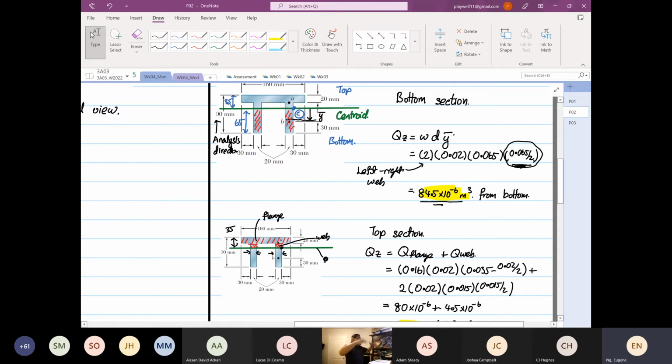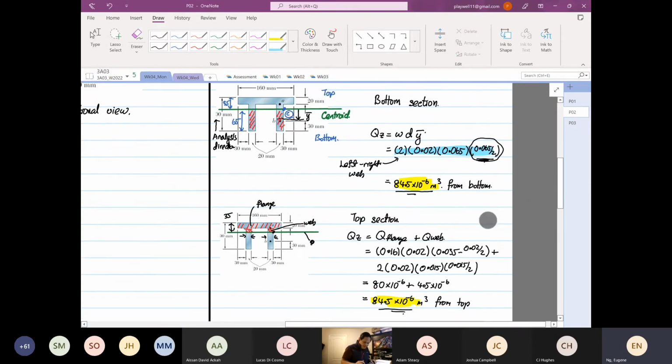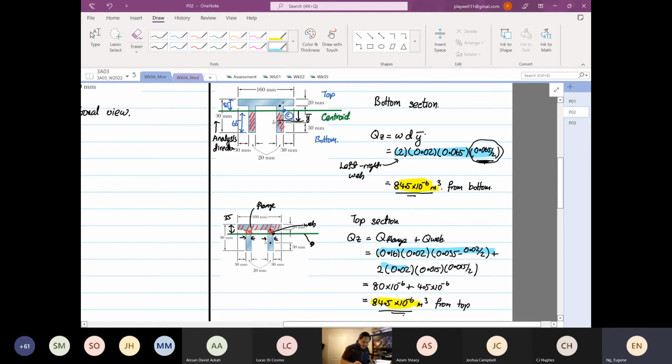So you can take it from the top or from the bottom. It's so obvious for this case you take from the bottom, because the equation over here is so much simpler, with fewer components, whereas if you take from the top, there's a lot. So you make your choice.